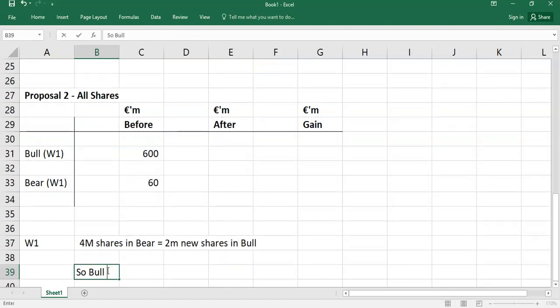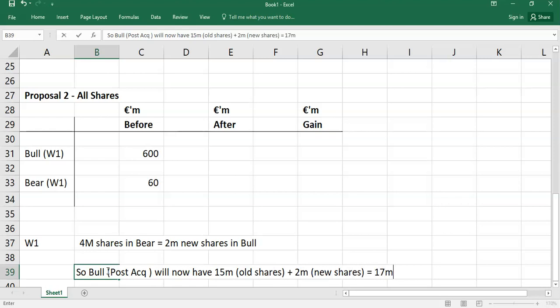So bull post-acquisition will now have 15 million old shares plus 2 million new shares, which is 17 million.